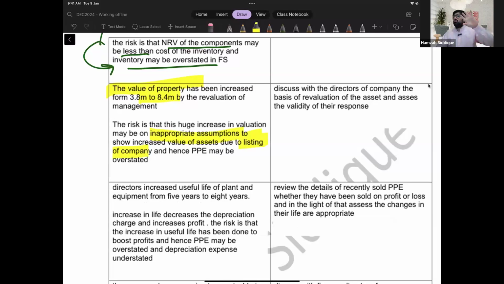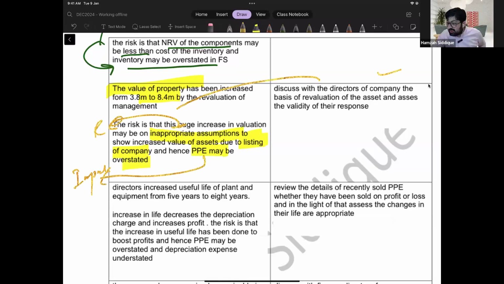You see, I have linked two points. It may be inappropriate assumptions, and hence property, plant and equipment may be overstated. So the risk is the inappropriate assumption, and this is the impact. You can write a response on both. This response is addressing the risk.